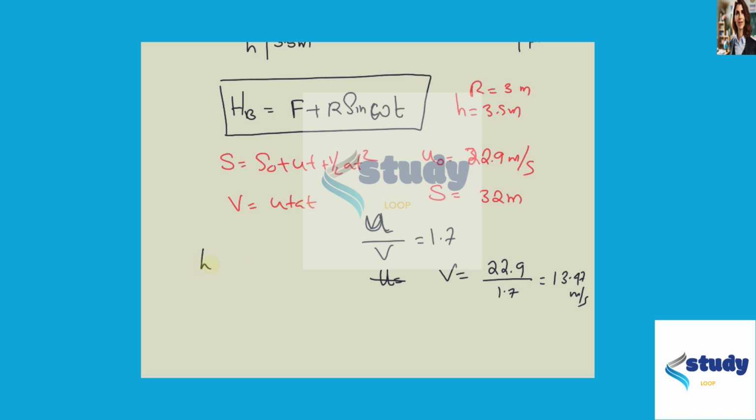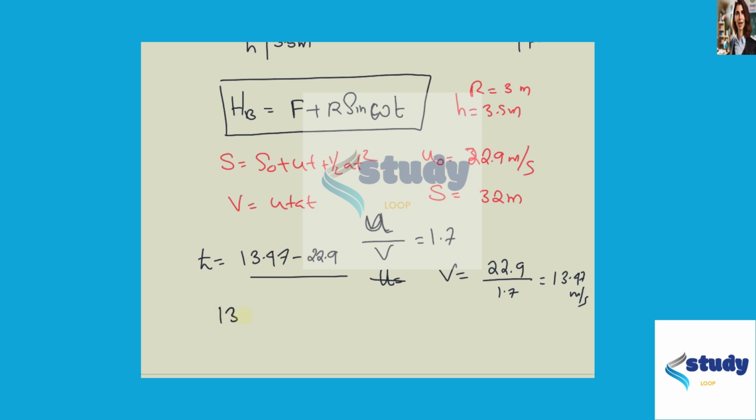So t will be equal to v, which is 13.47, minus u, which is 22.9, divided by g. Here a is g, the acceleration due to gravity. Instead we can just do this in the y-axis. So u in the y-axis will be u sine theta, so sine omega t.